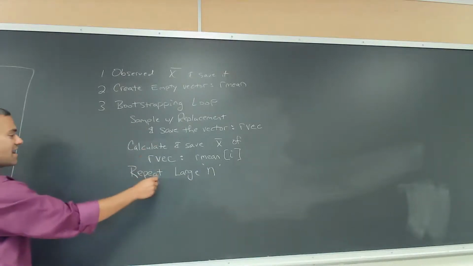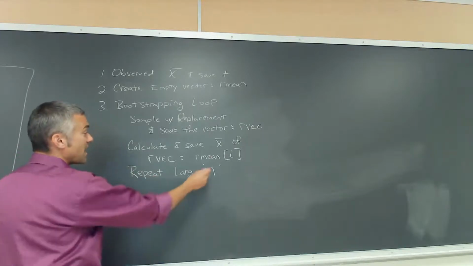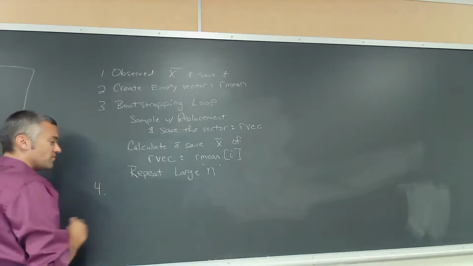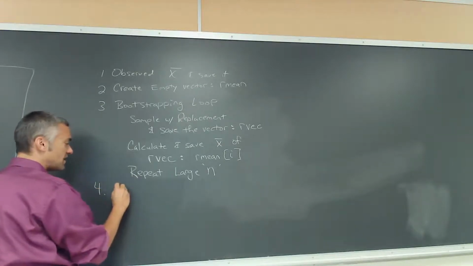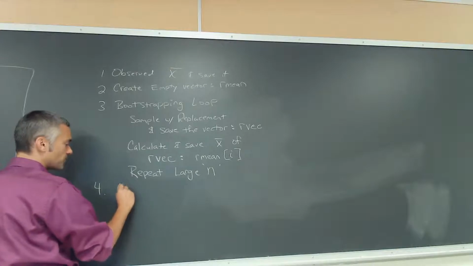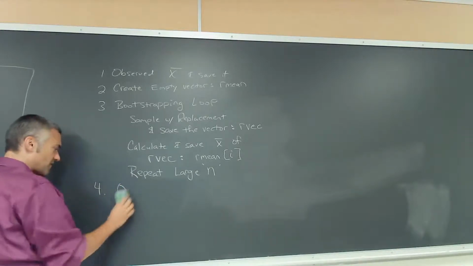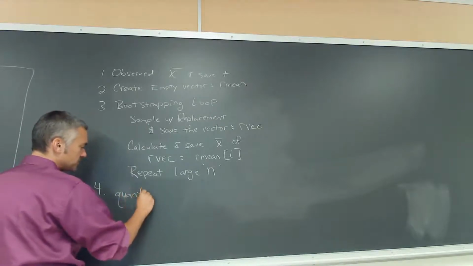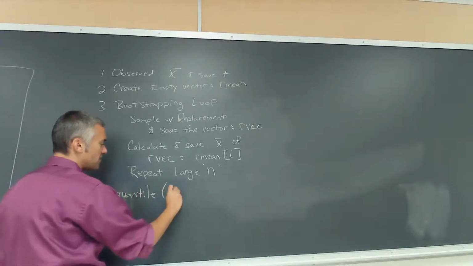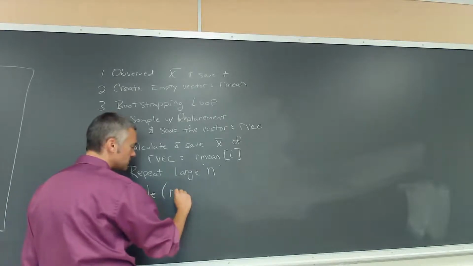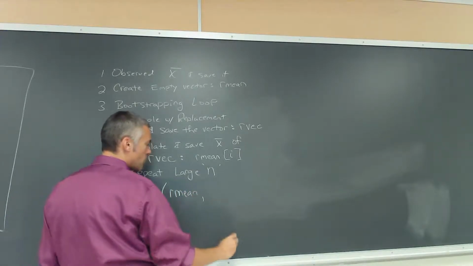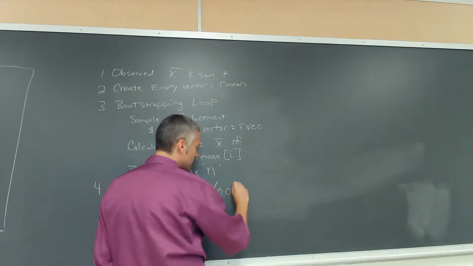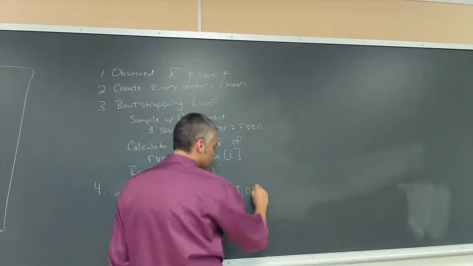So we do this, and now when we repeat it a large number of times, we actually have this r mean filled out. Once we do, now we look at the 95% interval. So we do our quantile function of r mean, where we are taking 0.025 and 0.975.